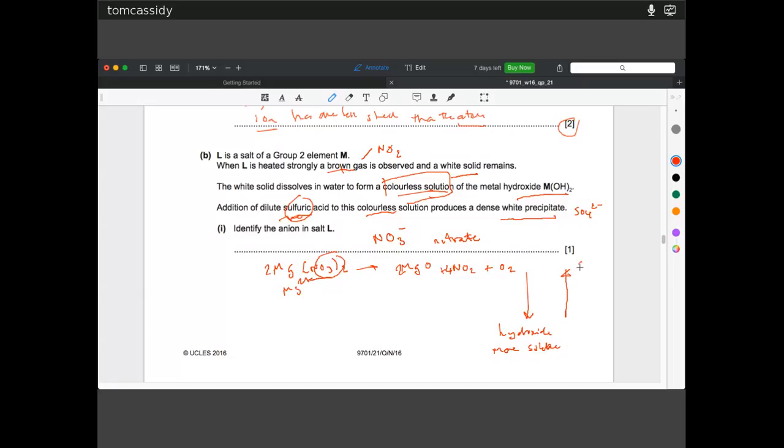So the sulfates are more soluble at the top of group 2. All right? So you've got something here which is soluble for the hydroxide, but insoluble for the sulfate. And that must mean it's at the bottom of group 2.